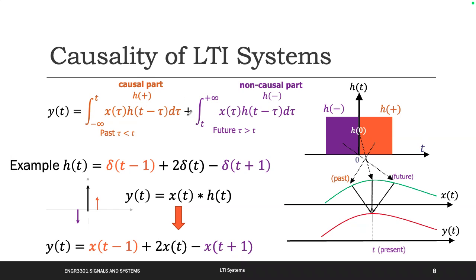It's not dependent on your input signal. It depends on your impulse response. Am I right? So you just check your impulse response. If your impulse response has something in this part, then it is not causal. Does that make sense to you? If it only has this part, it is causal. So let's check this one.